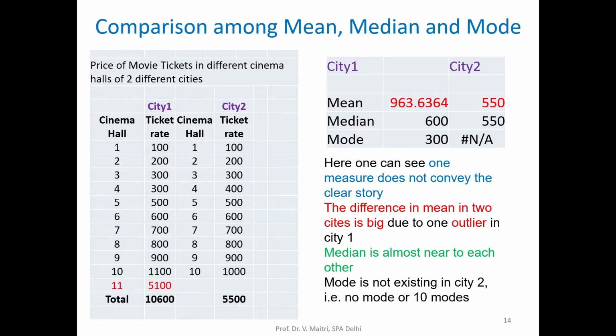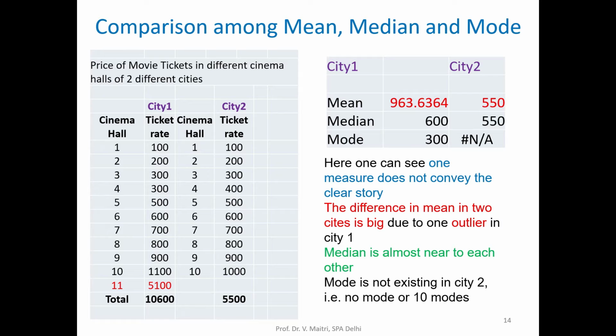Maybe you know that in NCR there are so many cinema halls where the seats are so luxurious that you can easily relax, and they will also provide you food at lunch time. That is luxurious.